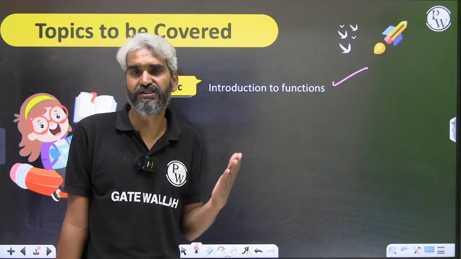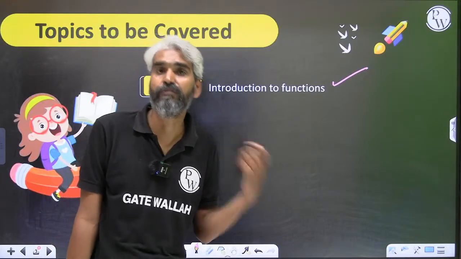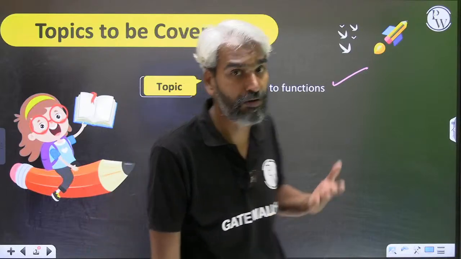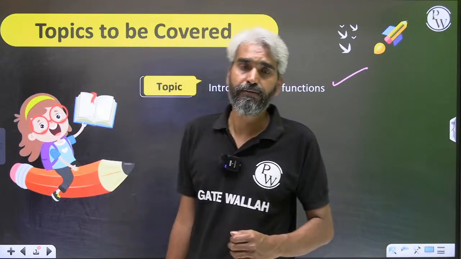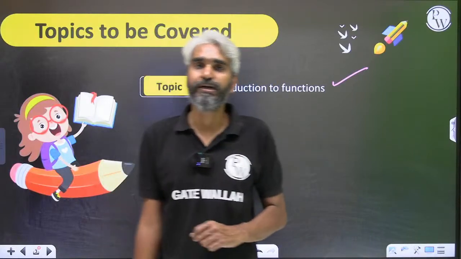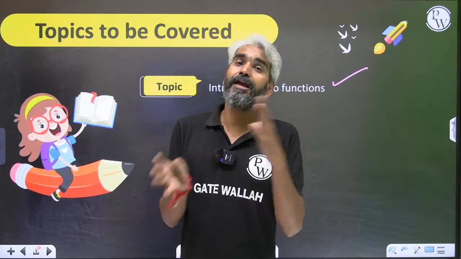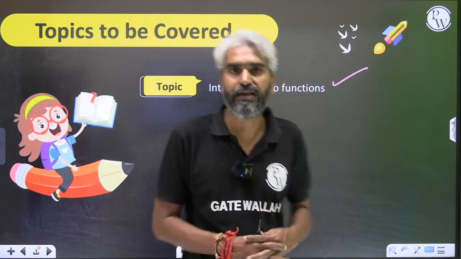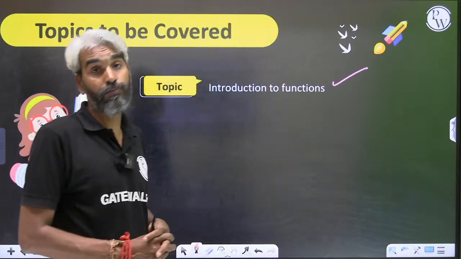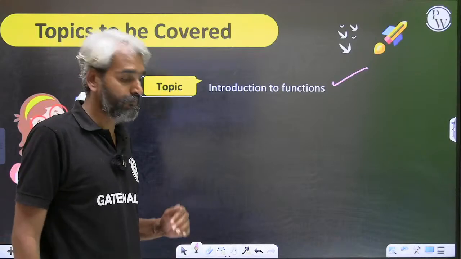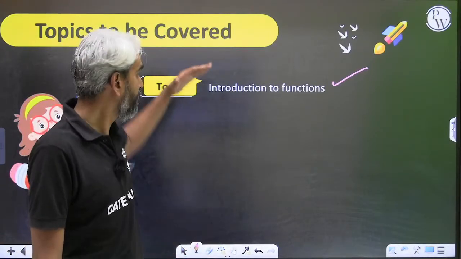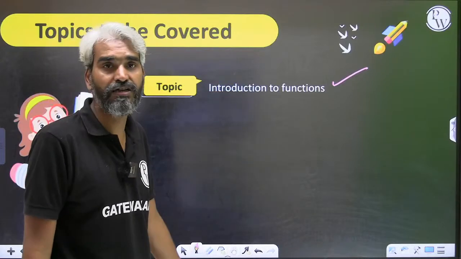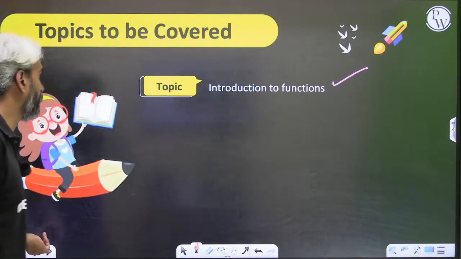That is, how many onto functions are possible from set A to set B, how many one-one functions are possible from set A to set B, how many bijective functions are possible from set A to set B, and how do we calculate the inverse of a given function. These are some types of questions that can be asked in the GATE exam, and we will cover them in tomorrow's session. But to understand tomorrow's lecture, we need the basic definition of the function, and that's what I'm going to cover in today's session.